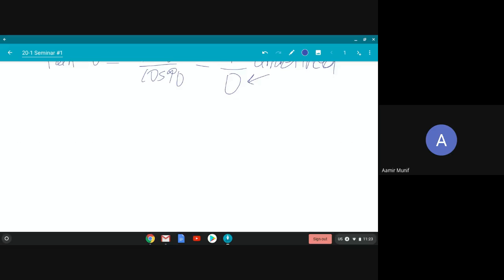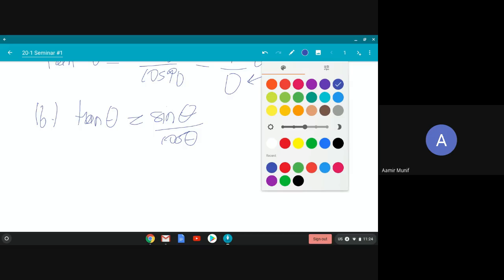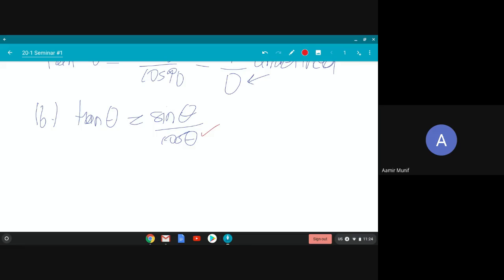Okay, so 16 again. I'm going to use my special identity that tan theta is equal to sine theta over cos theta. Now I only have one unknown. What am I looking for? I'm looking for sine theta. I know my value for cos theta and I know my value for tan theta, so I can solve for it.